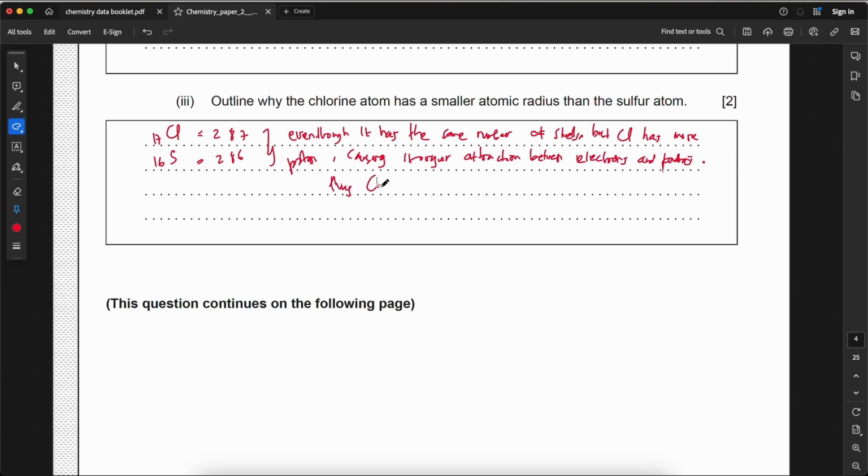Thus, chlorine has a smaller atomic radius because it has more protons, so more attraction from the nucleus with the electrons. So it squeezed the size of the atom, therefore the atomic radius becomes smaller.